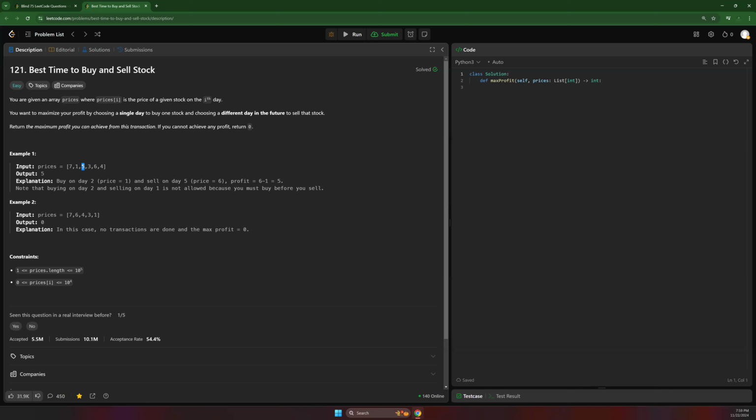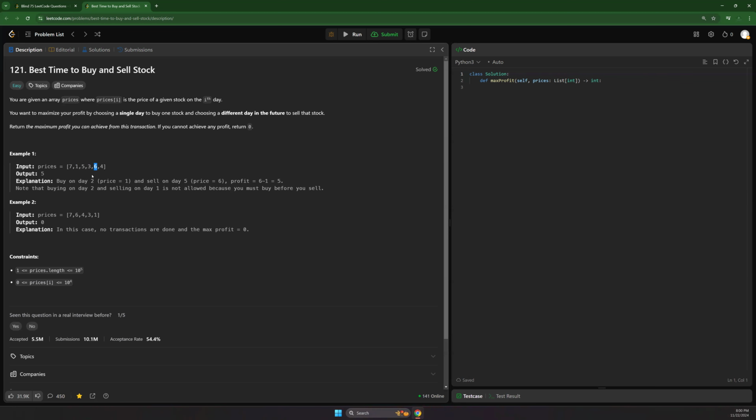And the same for the next day and the next day and the next day. The key idea behind solving this problem is that you can only sell if you bought that stock before that specific day, right? So for example, if you want to sell it for $5, you need to buy it before 5, right?